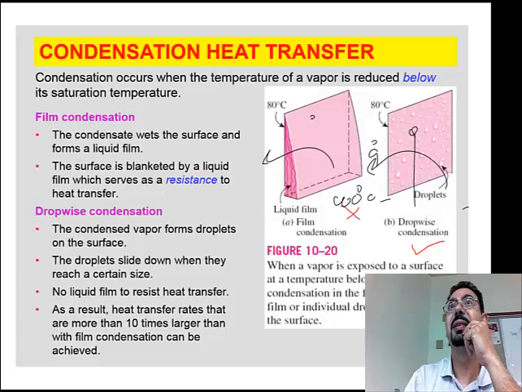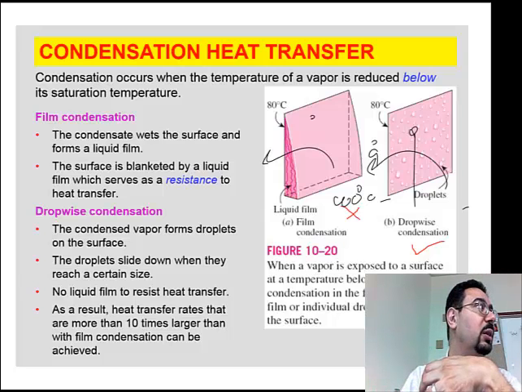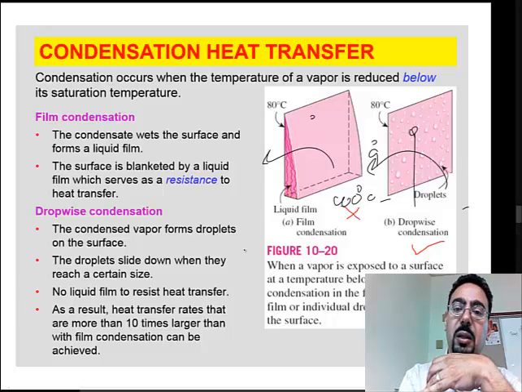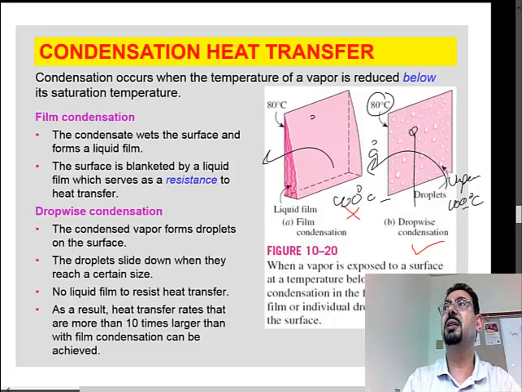Isn't it because there's surface area on the sides of the droplets that can contact air, and the film is the side that touches water? No. So where is the heat transfer happening exactly? The heat transfer is not happening through the droplets. The droplets are the end result. The heat transfer is happening between the vapor that's at 100 and the surface that's at 80.